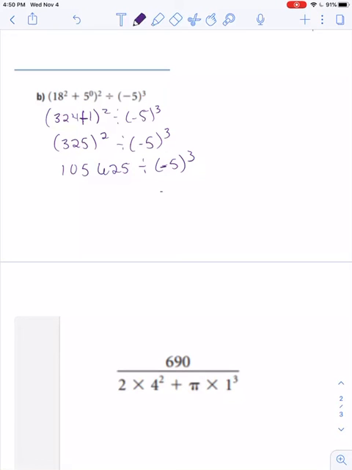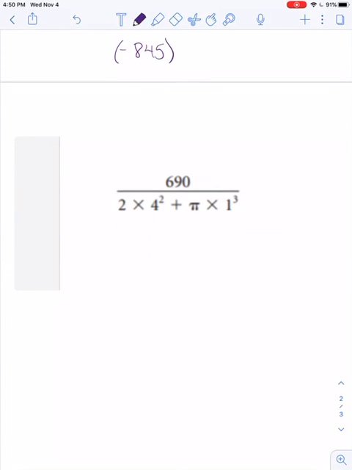That means our answer will be negative. So negative 5 times negative 5 times negative 5 would give us negative 125. And our last step, we would have to do our division. 105,625 divided by 125 would give us a final answer of negative 845.